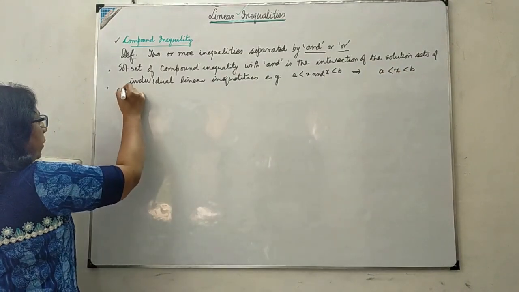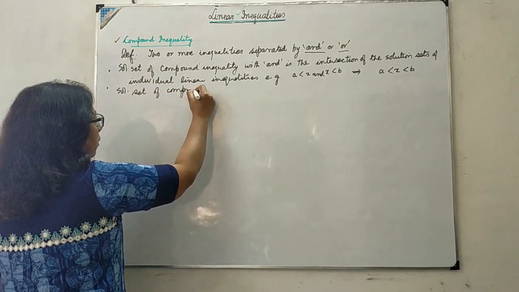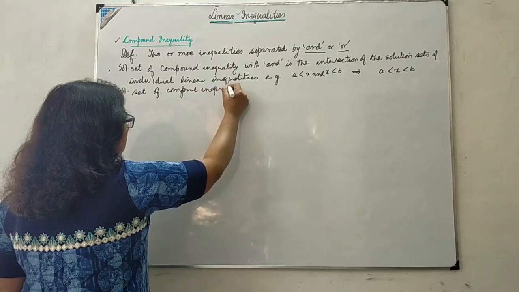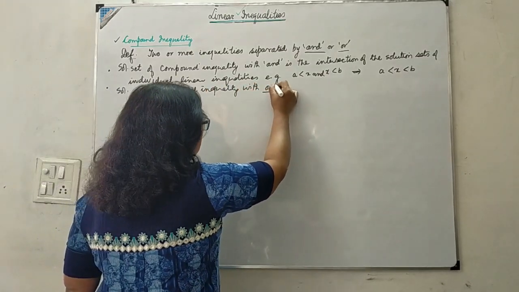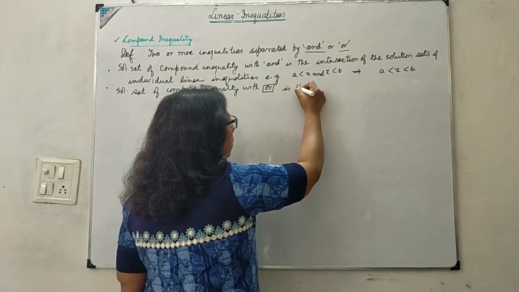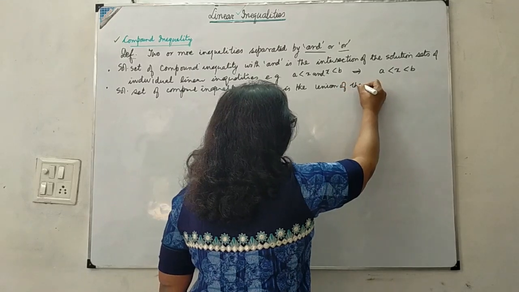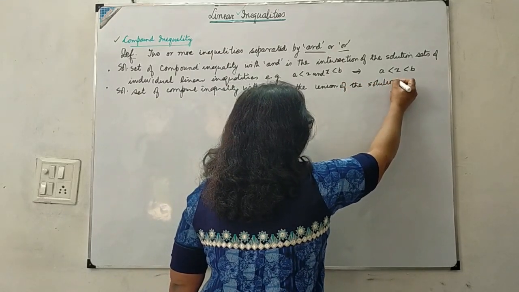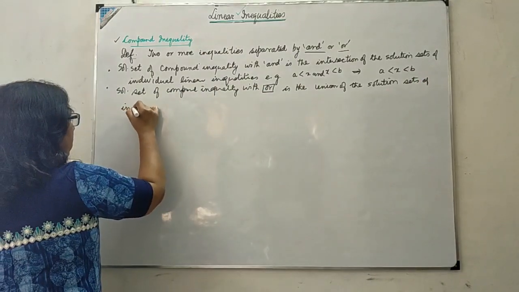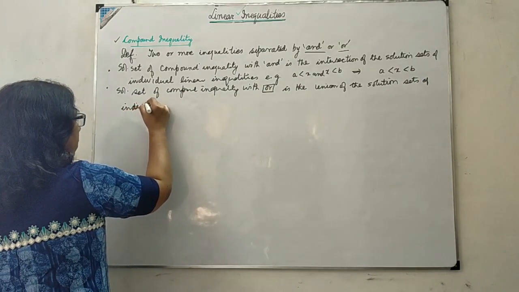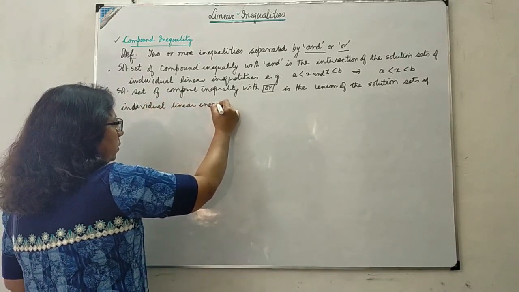Now, the solution set of a compound inequality with "or" is the union of the solution sets of individual linear inequalities.